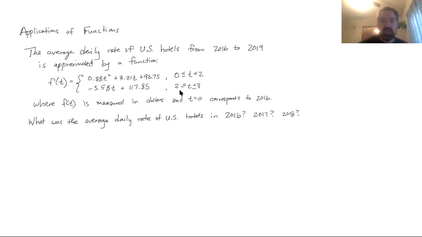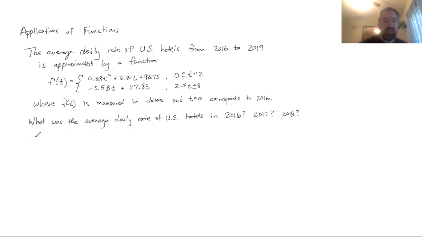But then between 2018 and 2019, the daily rate of hotels fits a different model, like this linear model, negative 5.58t plus 117.85. And we would want to be able to find the average daily rate of US hotels in different years, 2016, 2017, 2018.